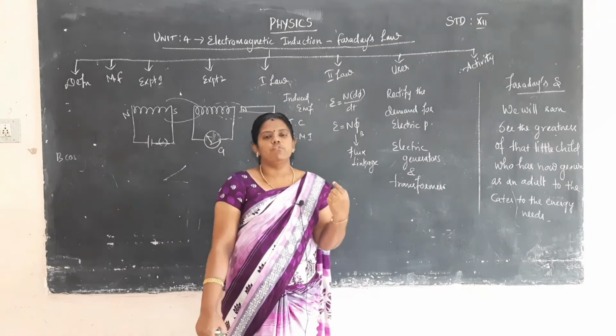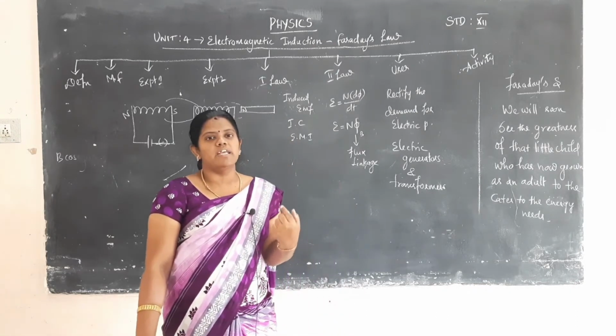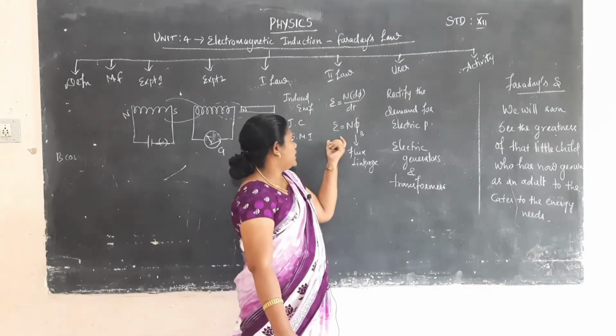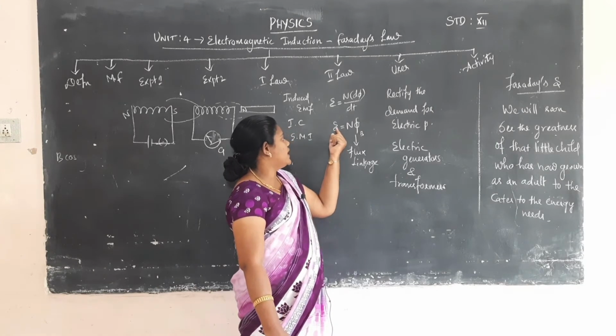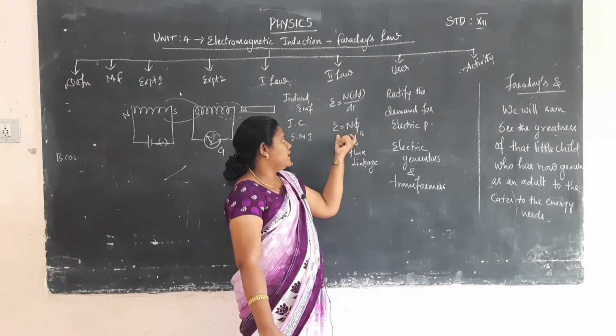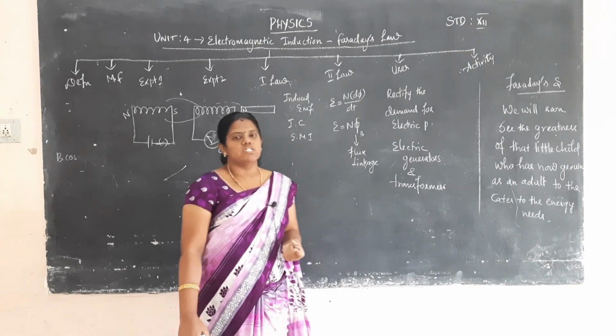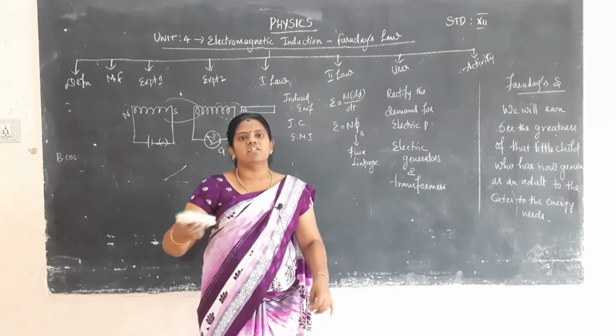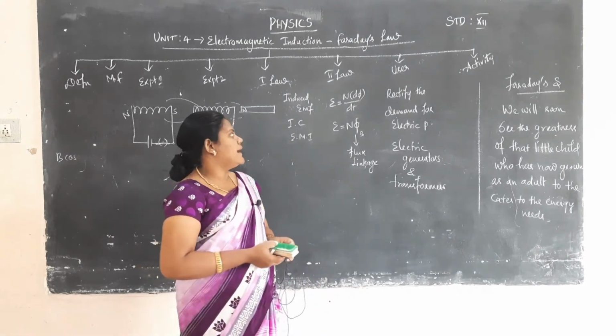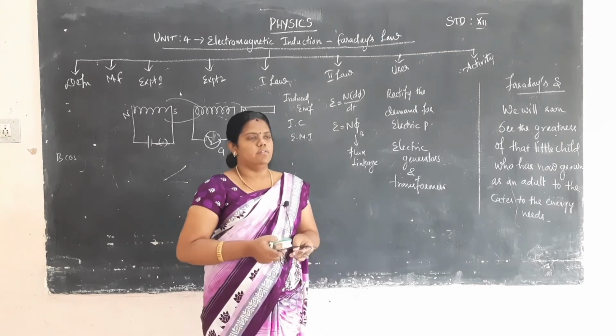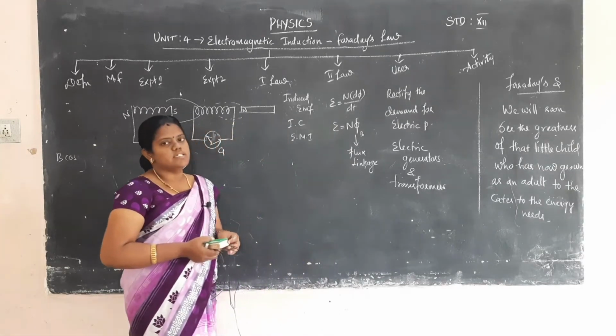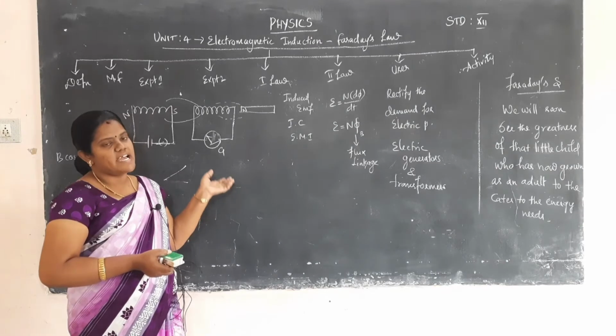So psi is equal to N into phi B, and N into phi B is called the flux linkage. Flux linkage is equal to the product of the number of turns and the magnetic flux linked with the coil. Clear? This is Faraday's first law and second law.